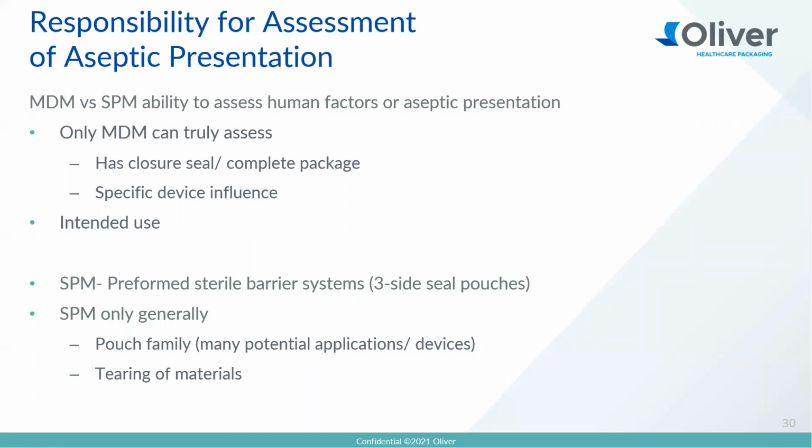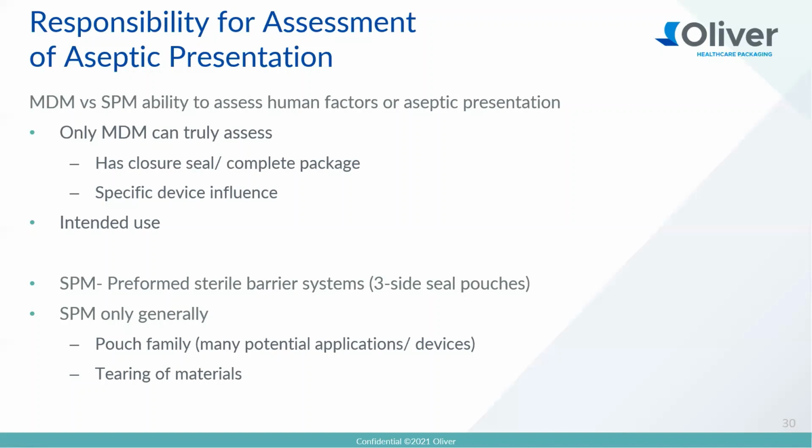But on the other side of the coin, sterile packaging manufacturers, SPMs, also provide preformed sterile barrier systems, for example, 3-side sealed pouches. And the SPM has a limited ability to assess aseptic presentation, because SPMs create preformed sterile barrier systems in pouch family categories, which means they could be used by MDMs for multiple applications and a wide variety of devices.